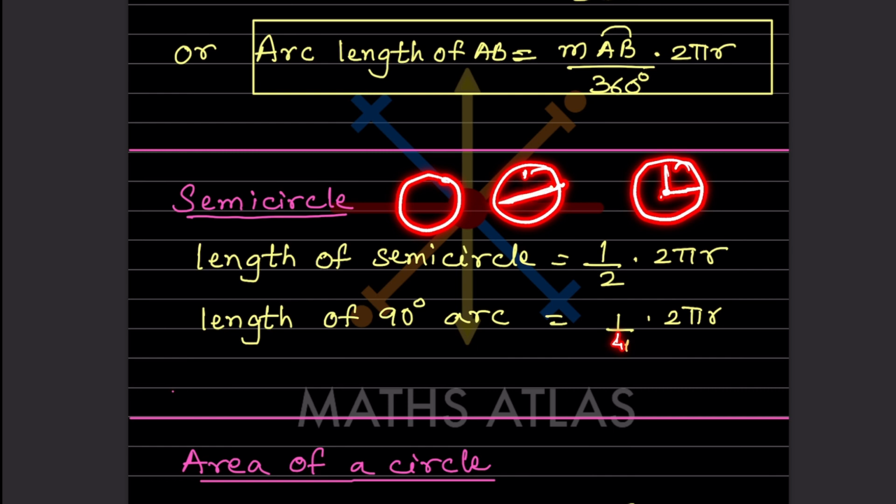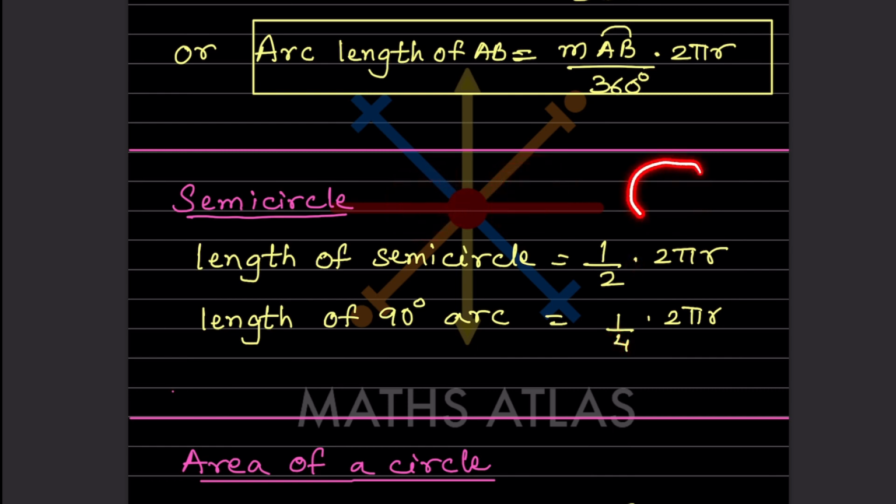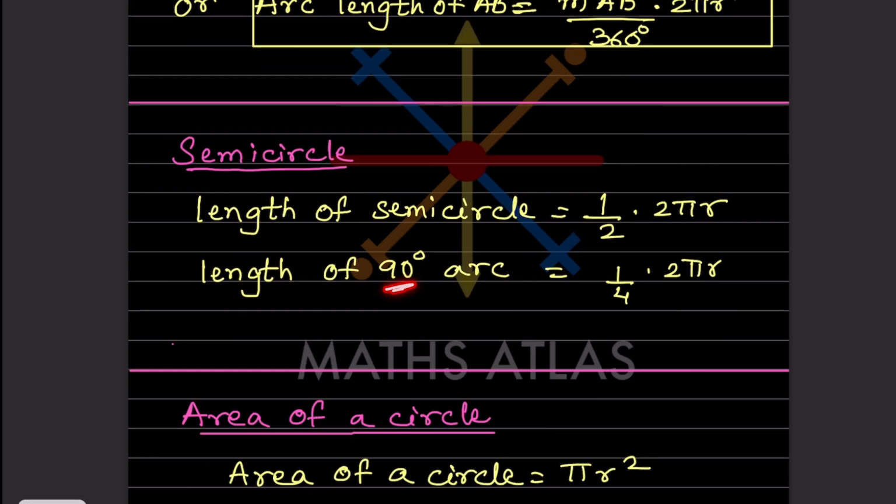But here, this is 1/4. 90 degrees means that is going to be 1/4 of this circle. So we are going to write here 1/4 into 2 pi r. Hope you got this one. This can also be written as pi r by 2, because the 2s cancel.